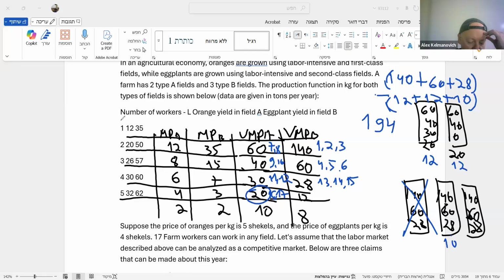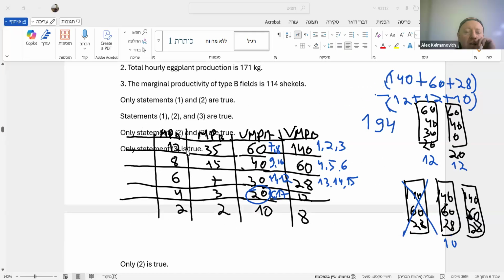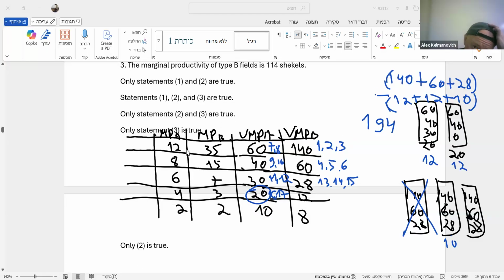So it's not correct because they say it's 114. So the final answer here is only statements 1 and 2 are true.